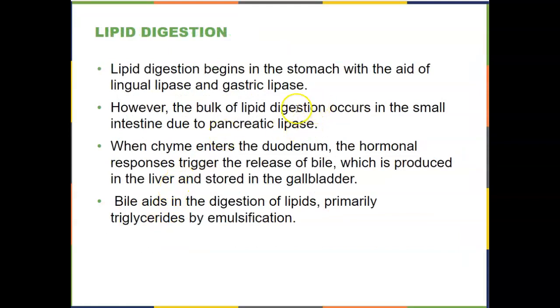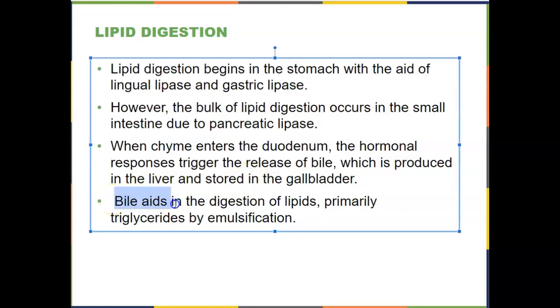Lipid digestion is not quite so complicated, but it does require two components. First, you must have that bile, which acts as an emulsifier, making the lipids partially soluble in water so that the enzymes that break the triglycerides apart can get a hold of them.